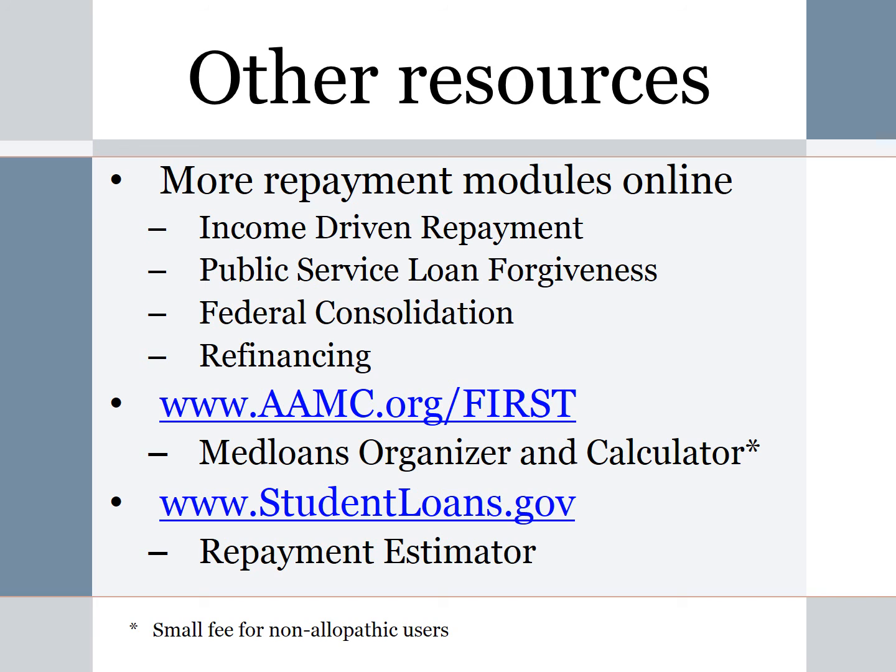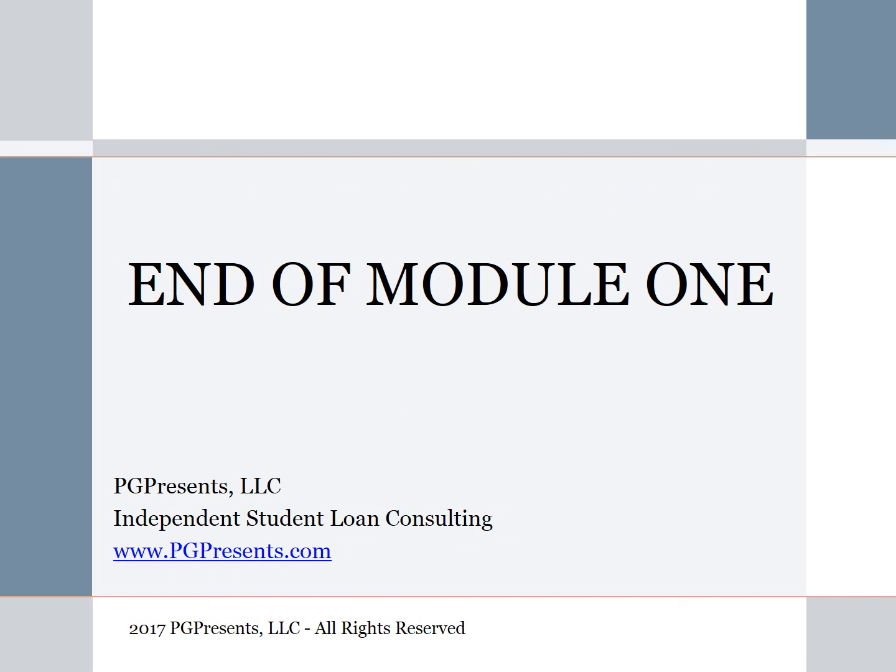So you may be interested in using it. There is a small fee to use this if you are not an allopathic medical school graduate. Also, studentloans.gov has a terrific repayment estimator calculator as well. So some additional resources that may help you. This is the end of module number 1.